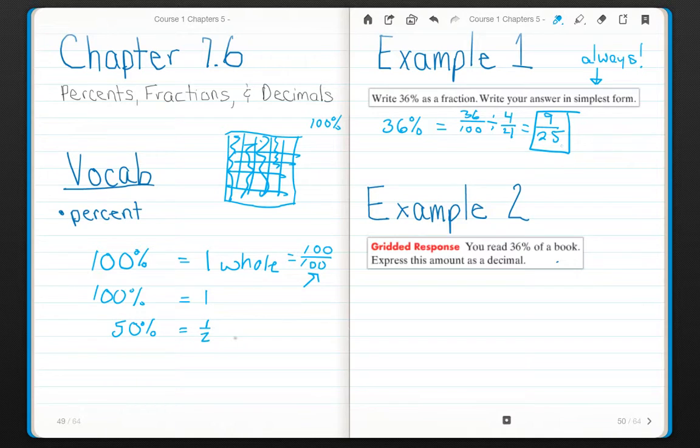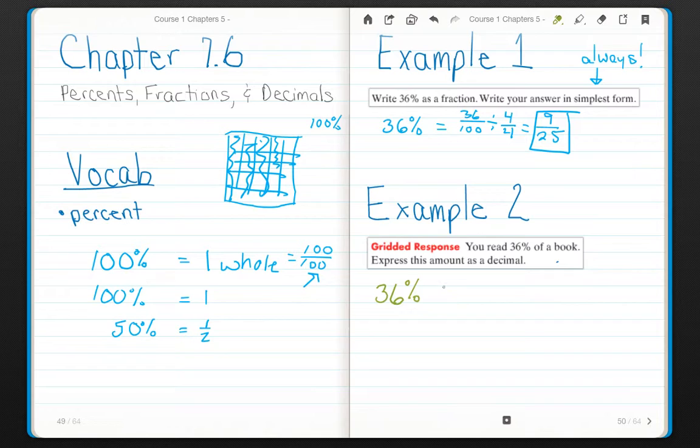You read 36% of a book. Express this amount as a decimal. All right, reading, love it. So again, I've read 36% of the book. I want to write this as a decimal. You have 2 methods.